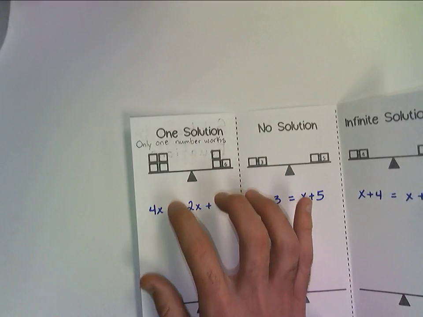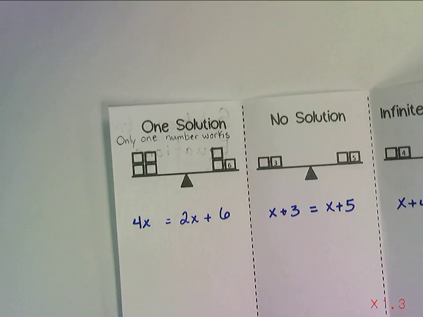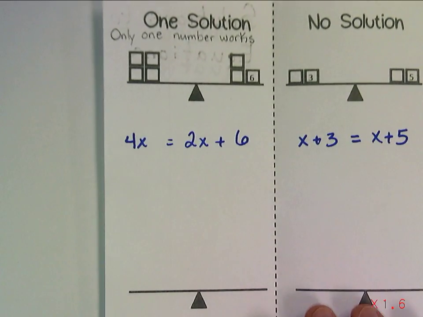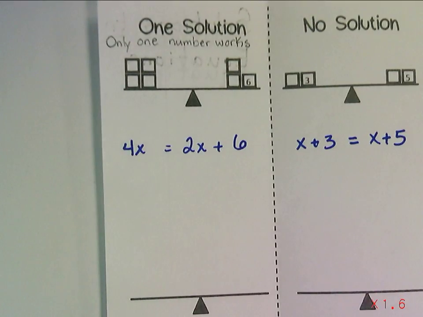This is the case where, let me just zoom in here real quick, you'll have a variable equal to a number. If you ever have that, you know that you have one solution to your equation. So there we're zoomed in a little bit more. It can help us to see things a little bit clearer.